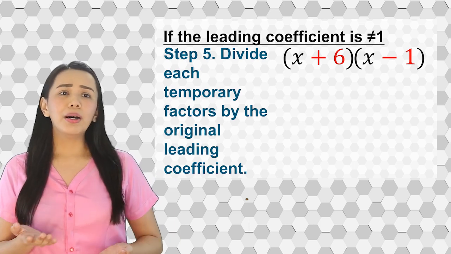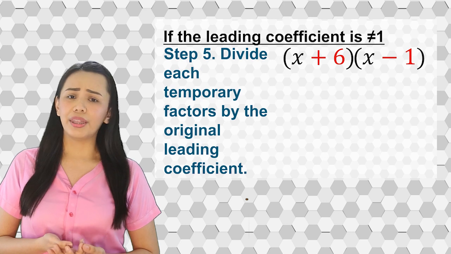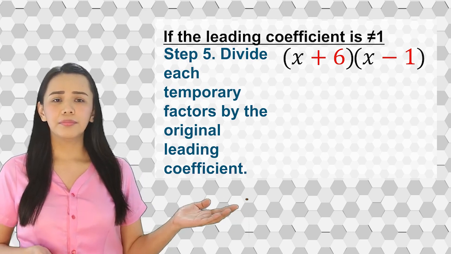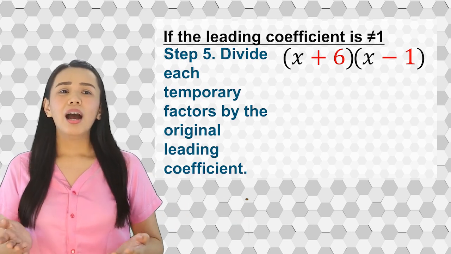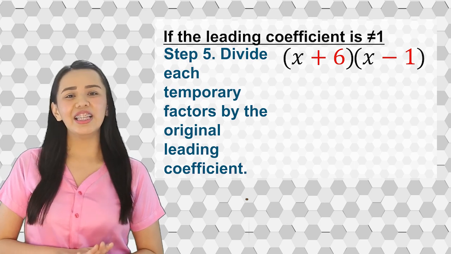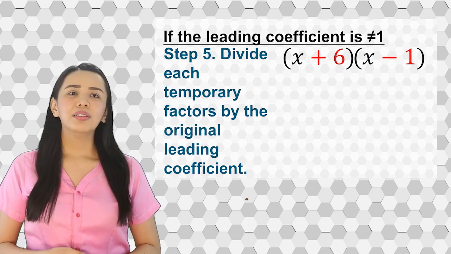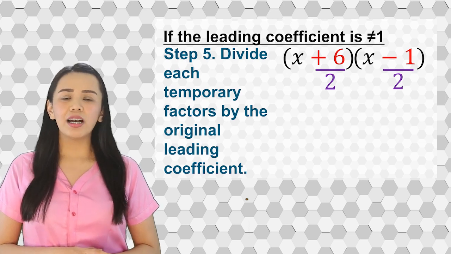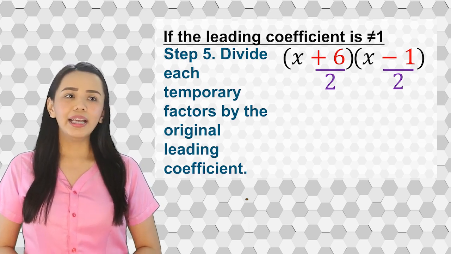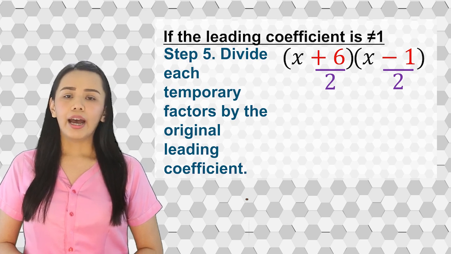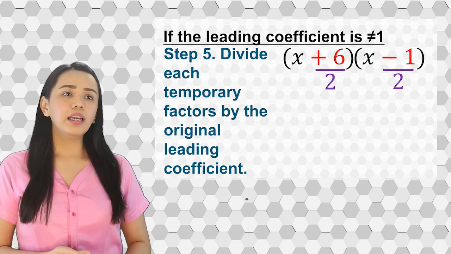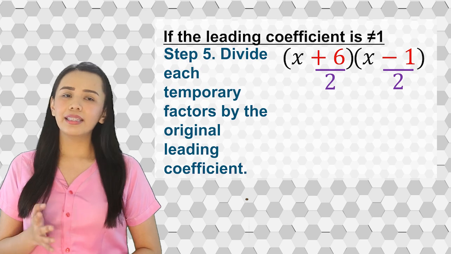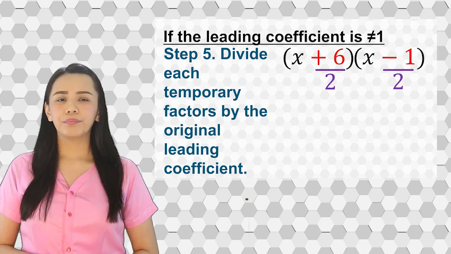Do you know what the leading coefficient is for this example? Good job! Our leading coefficient is the number 2. As such, we'll have the quantity x minus 1 divided by 2 times the quantity x plus 6 divided by 2.